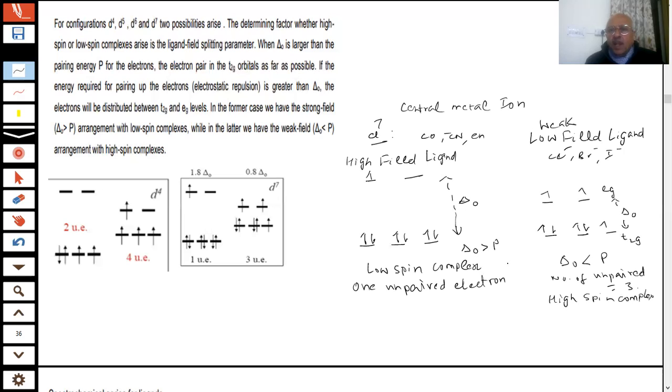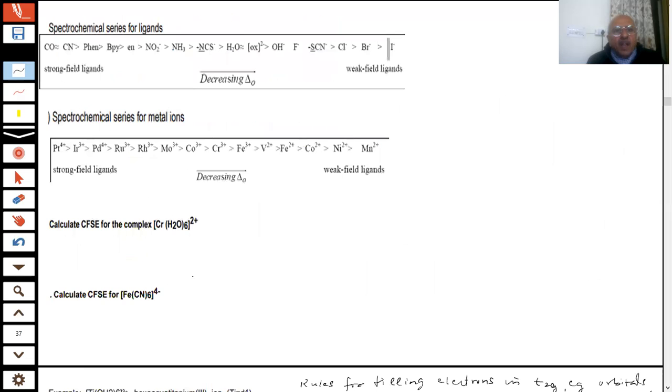Okay. If we want to calculate the crystal field stabilization energy, that can be calculated by the formula I told you, student. What is the formula, student?